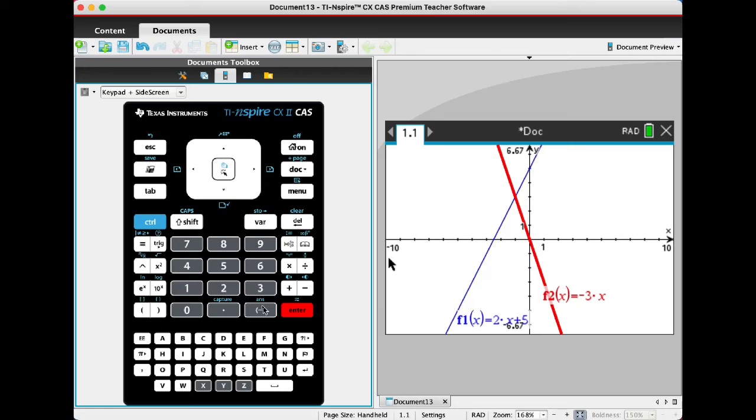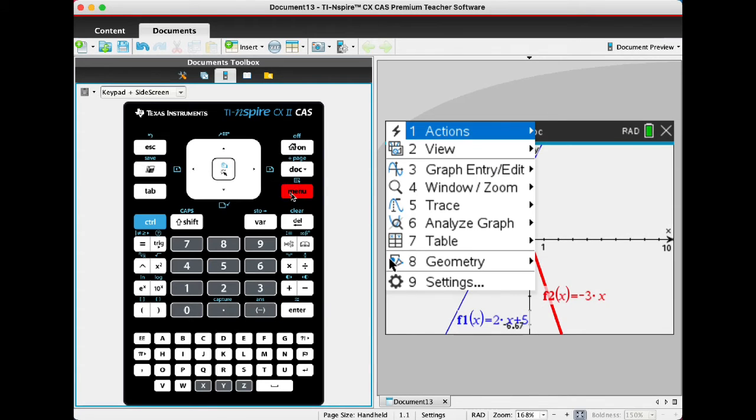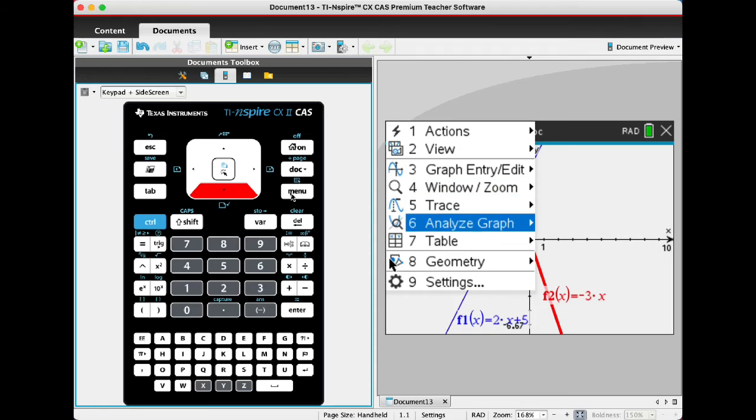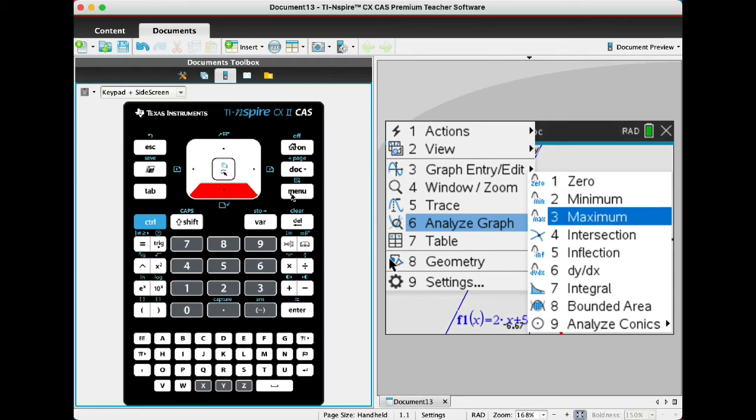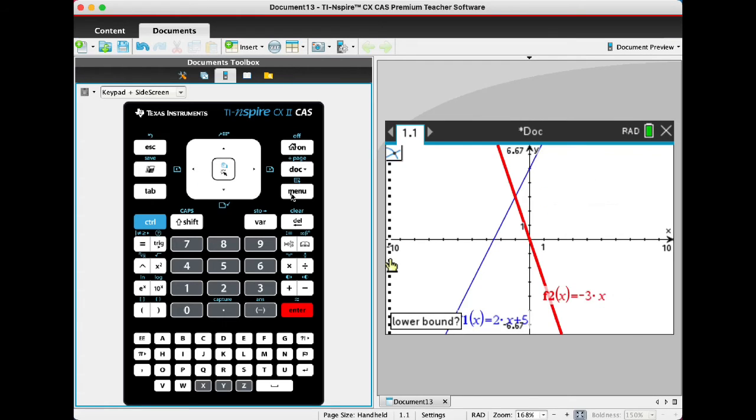What I want the calculator to do is to tell me where they intersect. So I'm now going to go to Menu. From Menu, I'm going down to number 6, Analyze Graph. From Analyze Graph, I'm going to select Intersection. Press Enter.